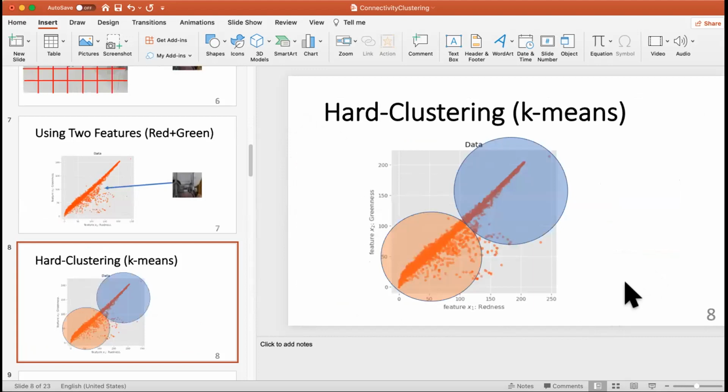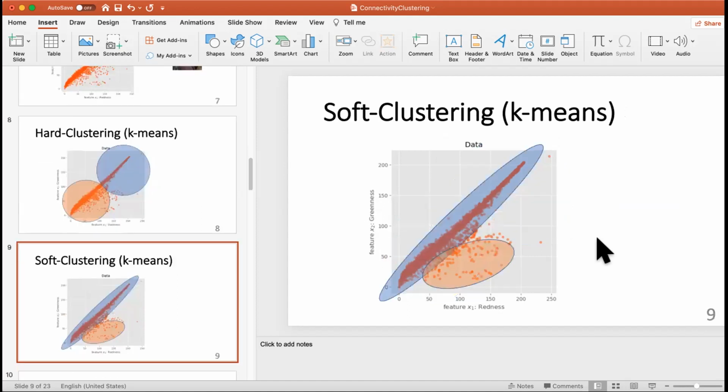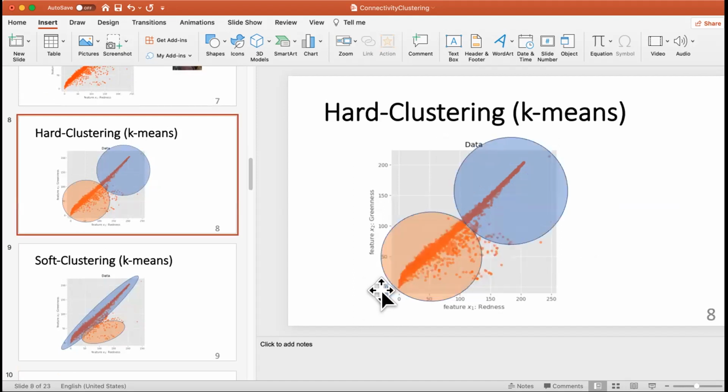So what we got from hard clustering was a cluster assignment that follows basically spheres. So K-means produced clusterings where each cluster is enclosed in a sphere, in a ball, in a symmetric ball, roughly speaking. And in contrast, in soft clustering, we obtained clusters which fit into an ellipsoid. So it's a bit more general than what K-means can do.